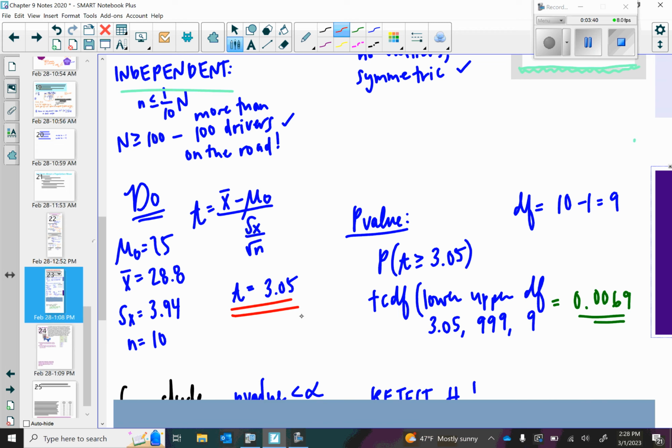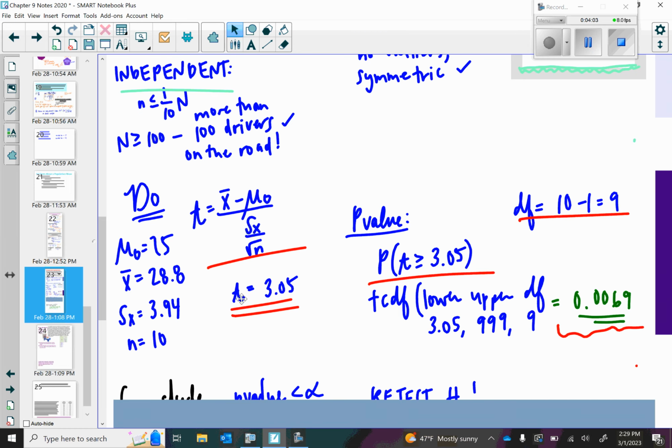One way I can do this is by using tcdf, and I get 0.0069 as my p-value. Notice the things I have that are really important are the formula for my test statistic, the expression for my p-value, my degree of freedom, and then the actual p-value, of course, and the test statistic.